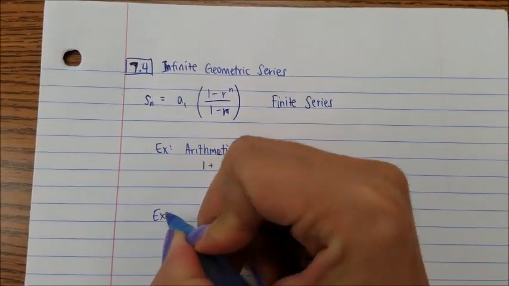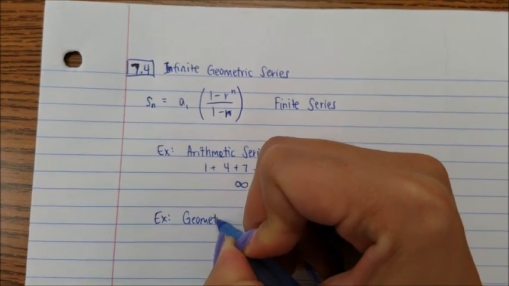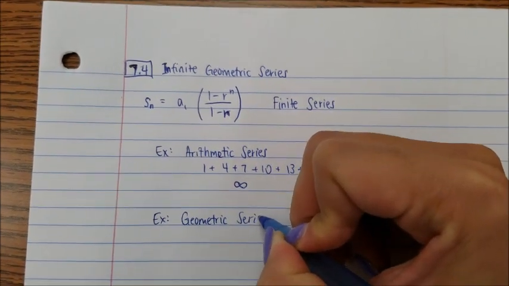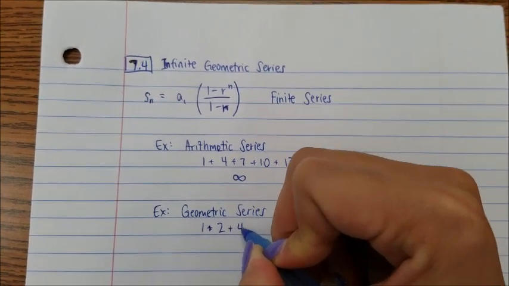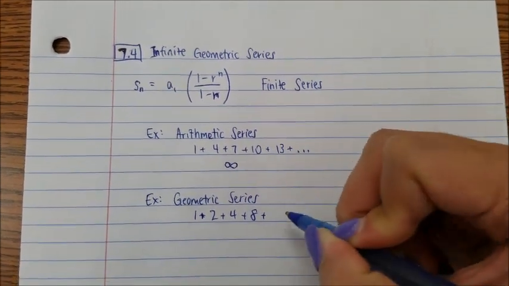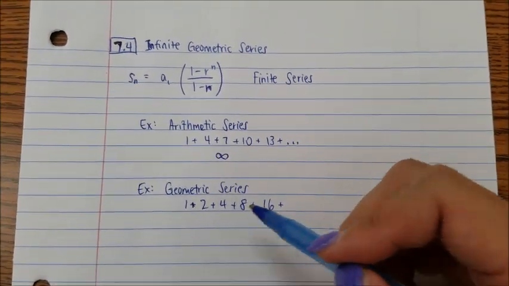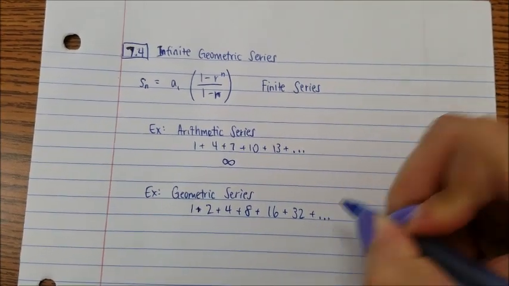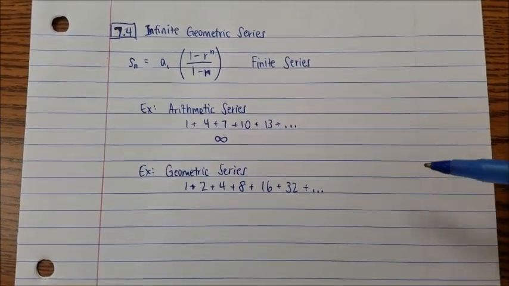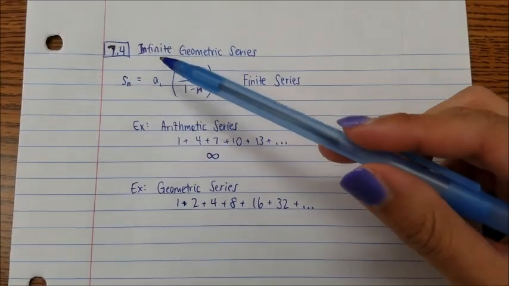Or even if I did a geometric series like this. Let's say we're multiplying by 2 every time. So with this series, I have 1 plus 2 plus 4 plus 8 plus 16 plus 32 plus dot dot dot. Even for this one, we're talking about a geometric series, but specifically an infinite one.